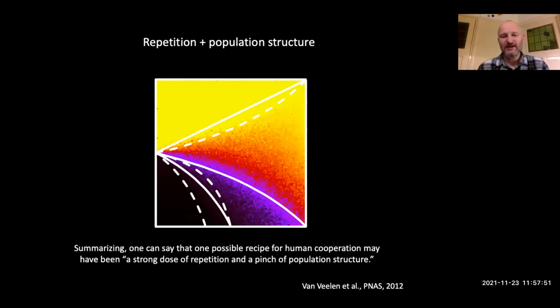And at the end of the paper, what we say is that a possible recipe for human cooperation may have been a combination of a lot of repetition and a little bit of population structure. And what we were thinking of at the time is that humans are here, they are just over this white line, and that means a bunch of things.